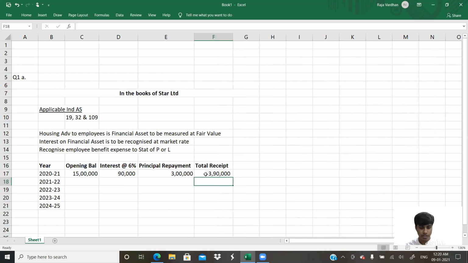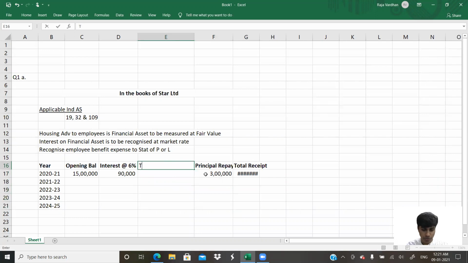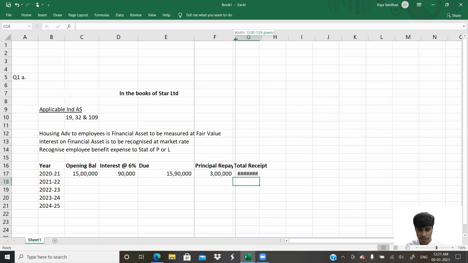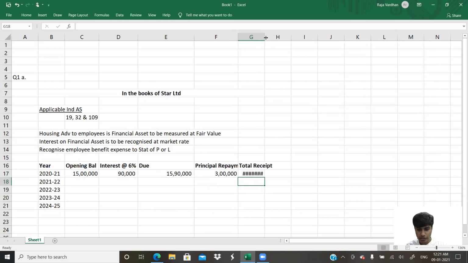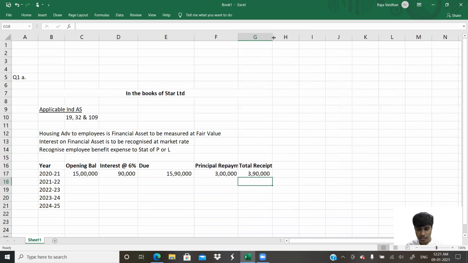If you want, I can insert another column here, total due. Due would become 15 lakh plus 90,000. Out of that, principal repayment made is 3 lakh. Total receipt is 3 lakh 90,000.